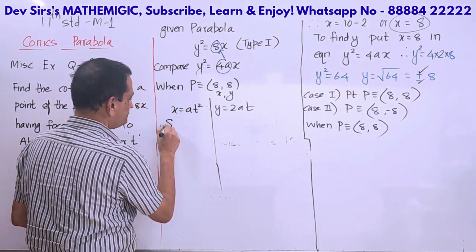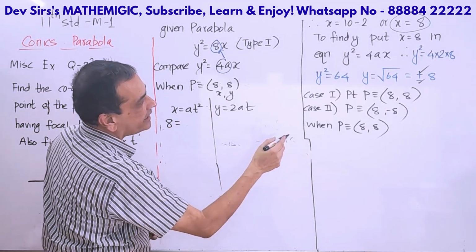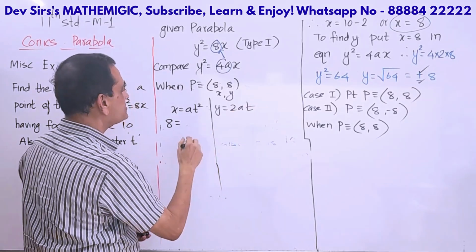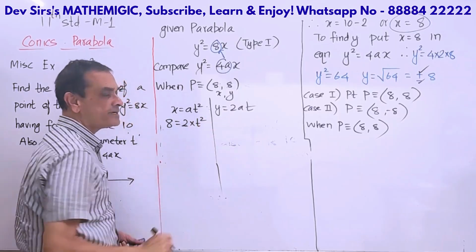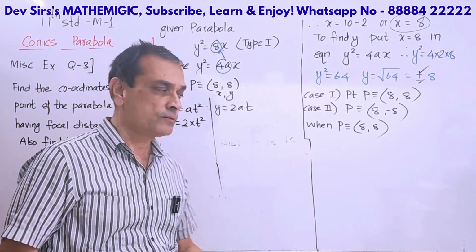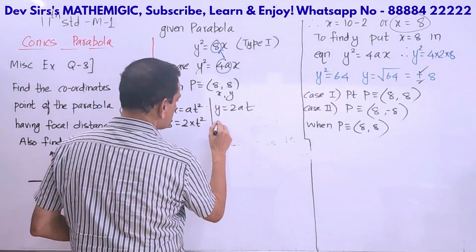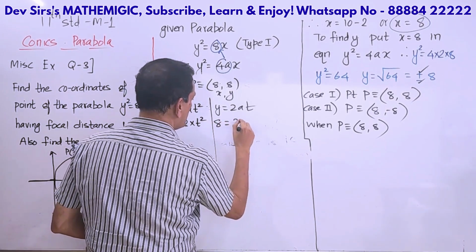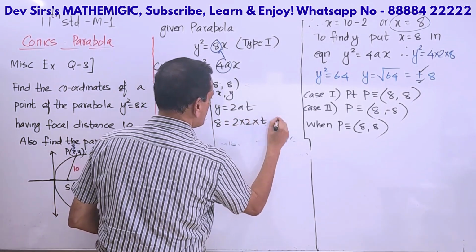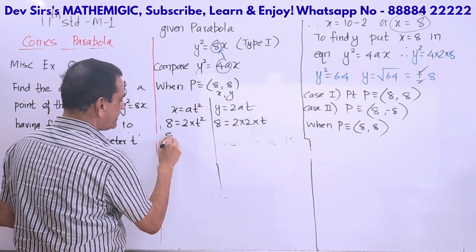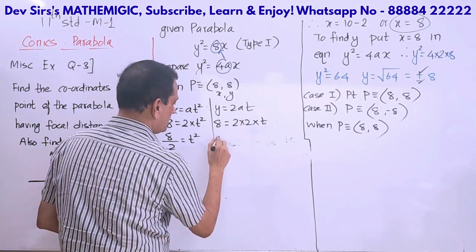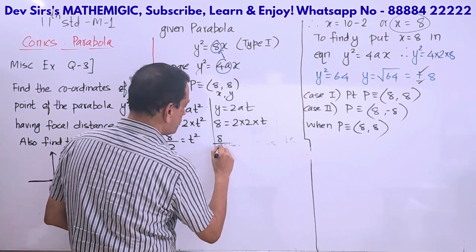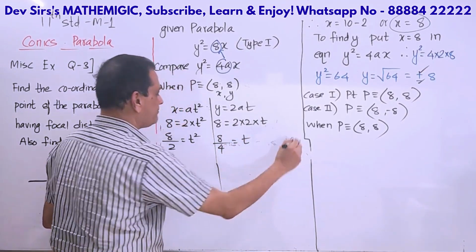x is 8. a is also 8, I think. What is a? a is 2. t squared. t is the parameter which we have to find out. y is also 8. So 8 upon 2 equal to t squared. 2 into 2 is 4. 8 upon 4 equal to t.